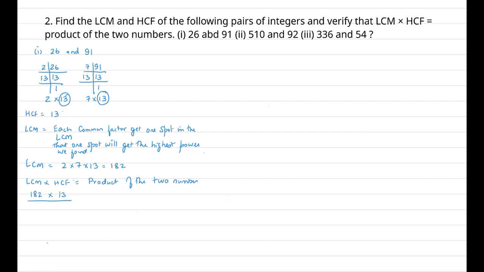When you multiply this, you get 2366. And the product of the two numbers, 26 and 91, when multiplied, will also give 2366. If the answers are same, then the verification is done and the answer is correct. You can move to the next question.